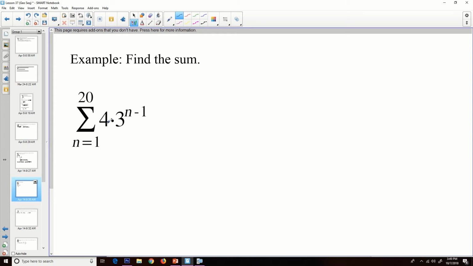So I look at this, and this equation right here, that is a geometric series. If I were to write those out and start plugging in all these values, this series would be 4 plus 12 plus, let's see, times 3, we'd get 36, plus dot, dot, dot until we had 20 terms there.